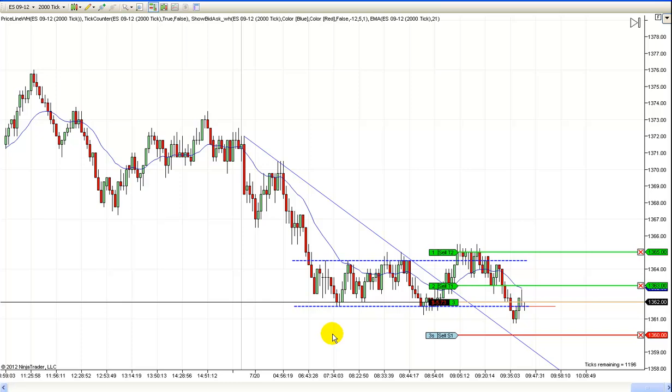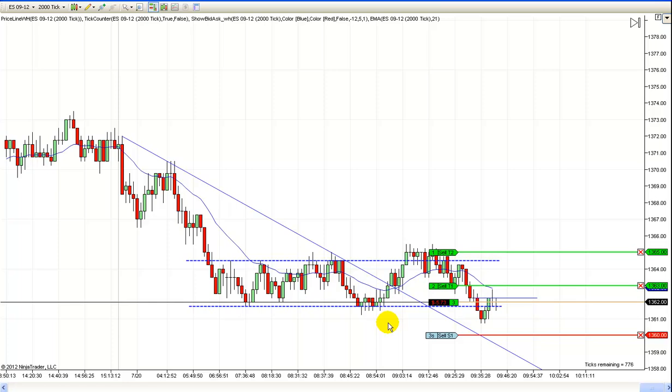Alright, let's see if we got a little trap there and get another little leg up here, or at least another test to this area up here. What we hope is that one little tick lower right there, hopefully maybe trap some more shorts, and now they'll take it higher and run those stops and get another little surge higher.